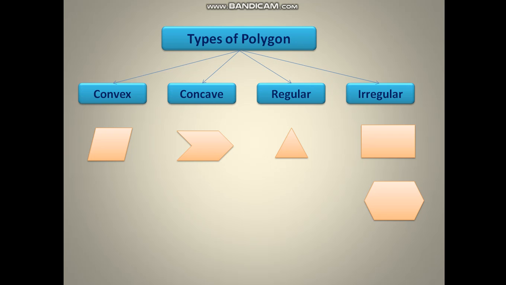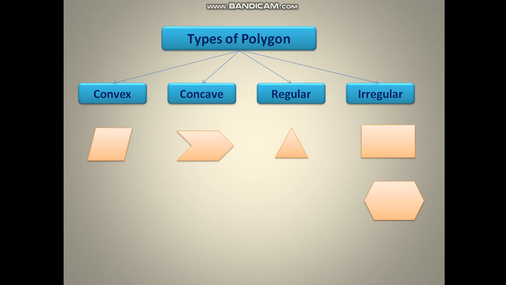It means every interior angle is less than 180 degrees, so we call it a convex polygon. On your screen, you can observe that the interior angles are less than 180 degrees.